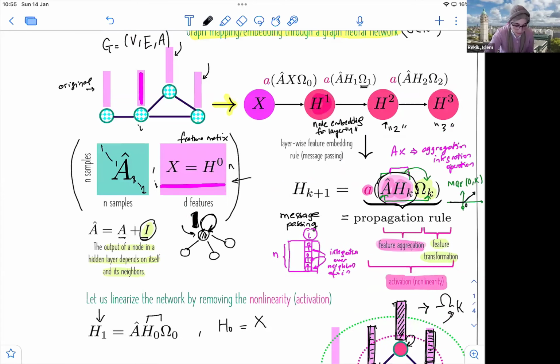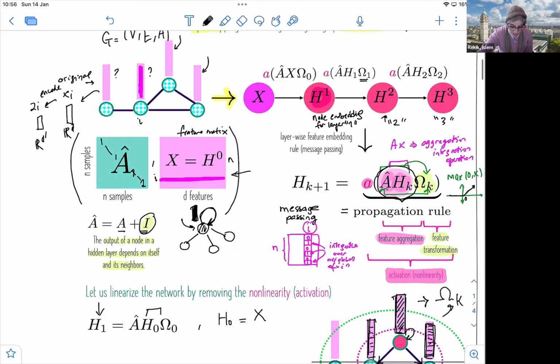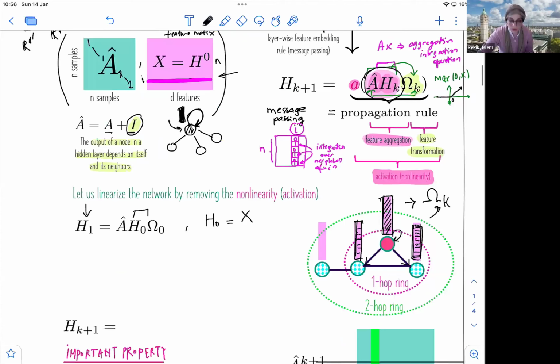Then we will see how we embed them. We want to project this feature node xi towards a space, going from R^D to R^D prime. But when learning this embedding, when encoding these features, we want to take into account the structure of the graph.